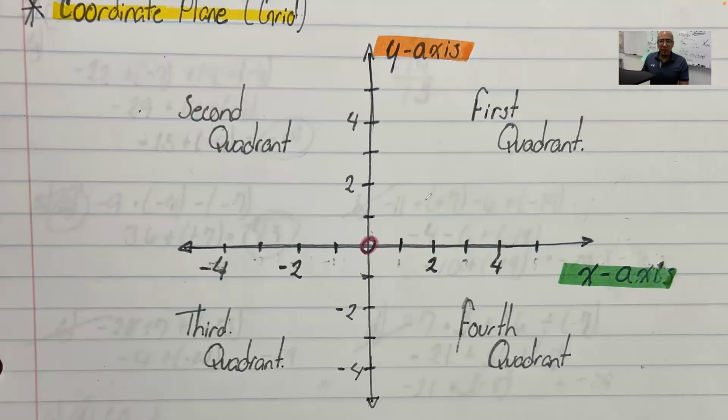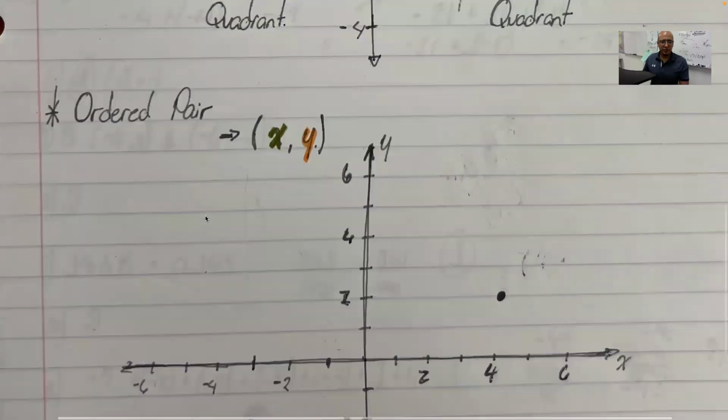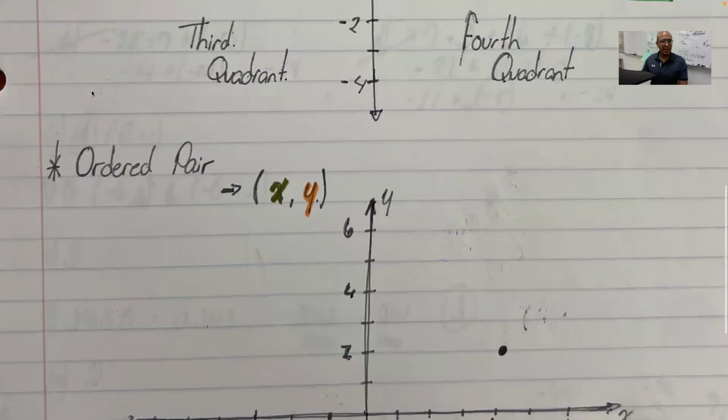Anything else? Well, let's start talking about ordered pairs. An ordered pair is what you call an actual coordinate point. That's how you organize a point on a coordinate plane. And why is it a pair? It is a pair because it always has two numbers. Remember, pair, like a pair of socks, two socks.